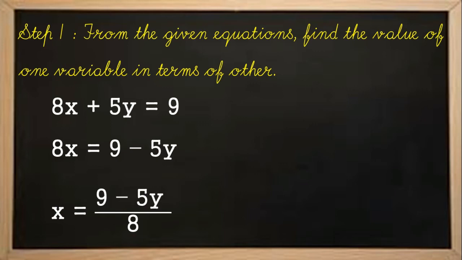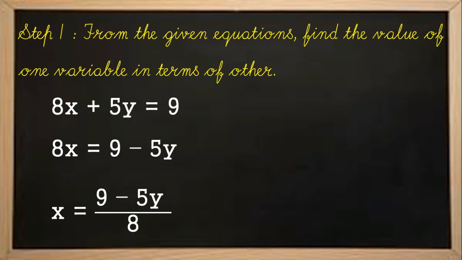From the given equations, any one we need to take. I have taken the first equation here. By using this equation, we need to find the value of one variable in terms of the other.